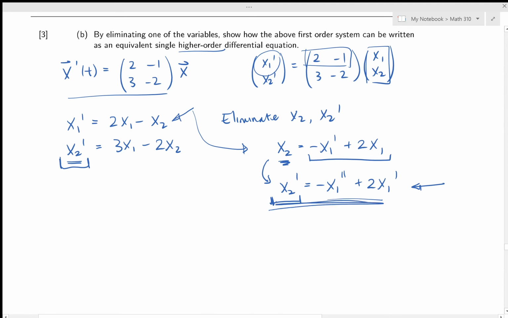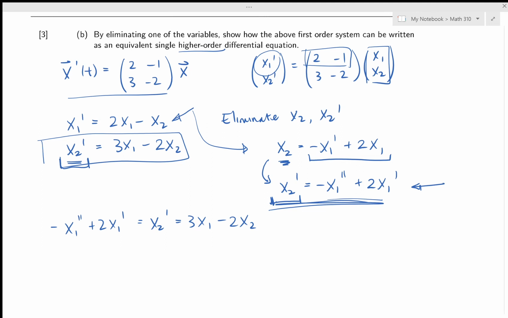Taking this statement, I notice that minus x1 double prime plus 2x1 prime is equal to x2 prime. But what is x2 prime? It's this thing right here: 3x1 minus 2x2. But I'm trying to get rid of x2 and x2 prime.